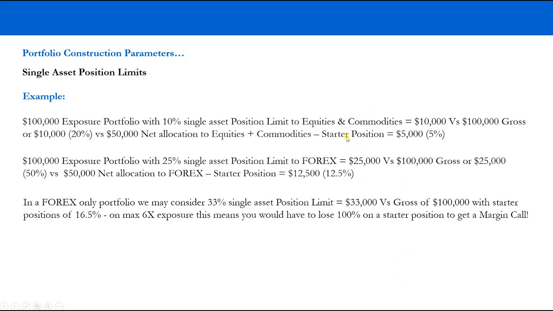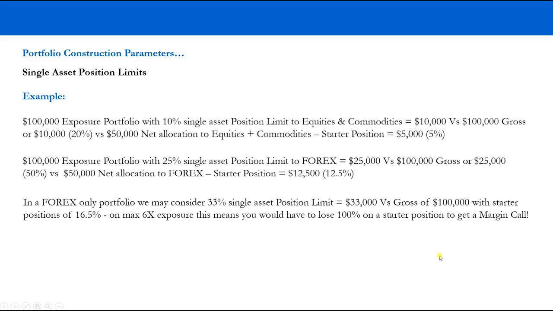Whereas in a combined portfolio, we want to obviously allocate to where volatility exists and therefore where opportunity exists. So in this example of a $100,000 Forex only portfolio, we're looking to have some diversity where we have a minimum of 3 positions, and therefore we have a 33% single asset position limit.